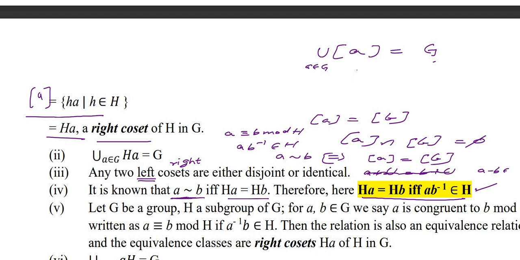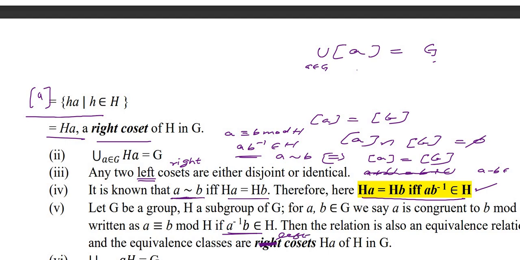Now we can also define the left coset. Here, G is a group, H is a subgroup, and A is congruent to B mod H, written in this way. What we already defined was AB inverse belongs to H. You can also define this as A inverse B belongs to H. Then this relation will be an equivalence relation, and the corresponding equivalence classes will be left cosets.